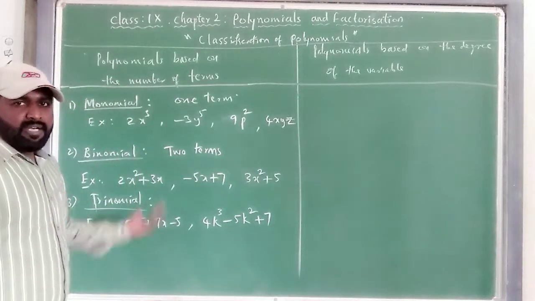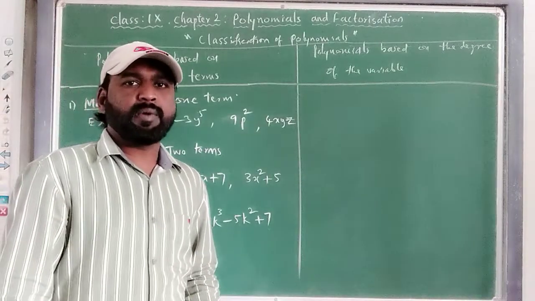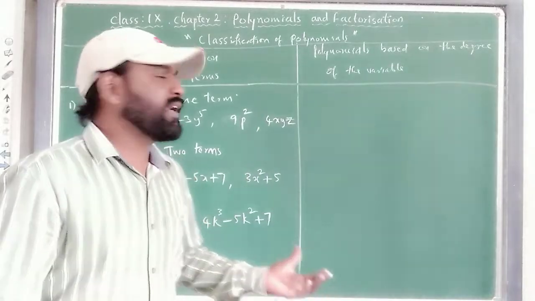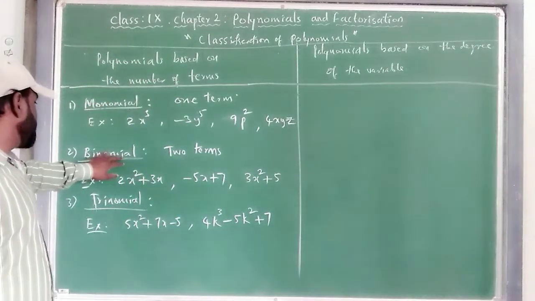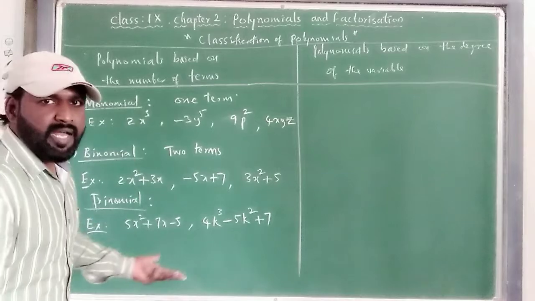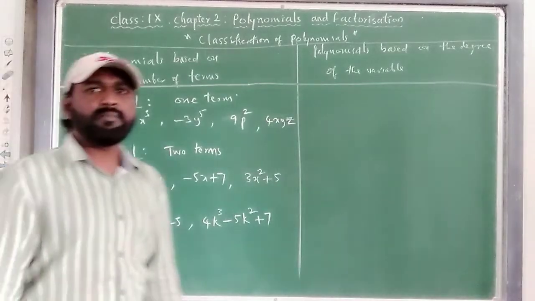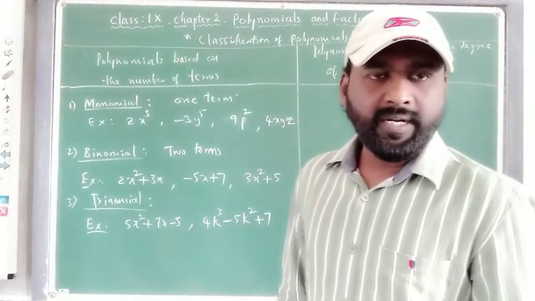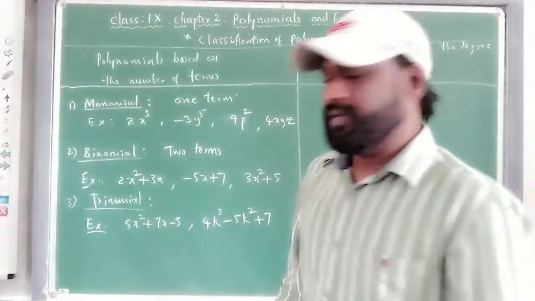Based on the number of terms, polynomials are classified as monomial, binomial, trinomial and multinomial. If more than three terms are there, that is called multinomial.